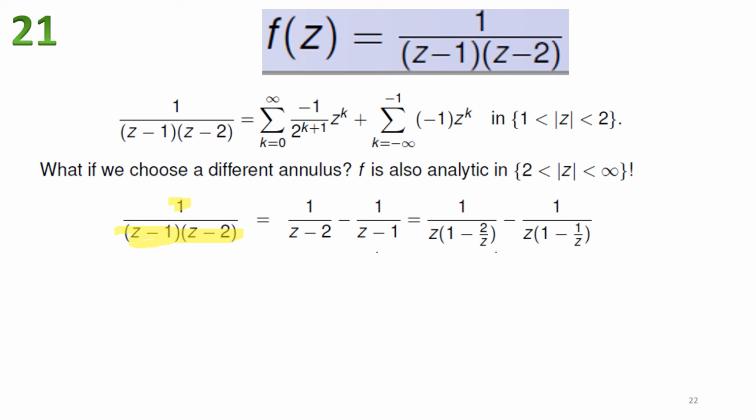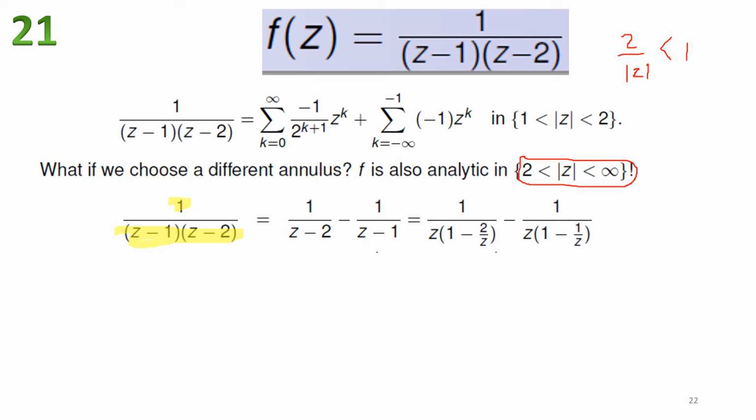Now here we are going to use this annulus demarcation very appropriately, in the sense that we want 2 upon mod of z less than 1. So that will lead us to the definition of perfect geometric series.